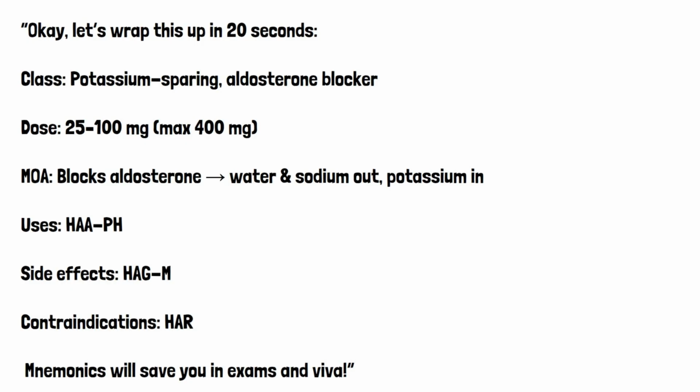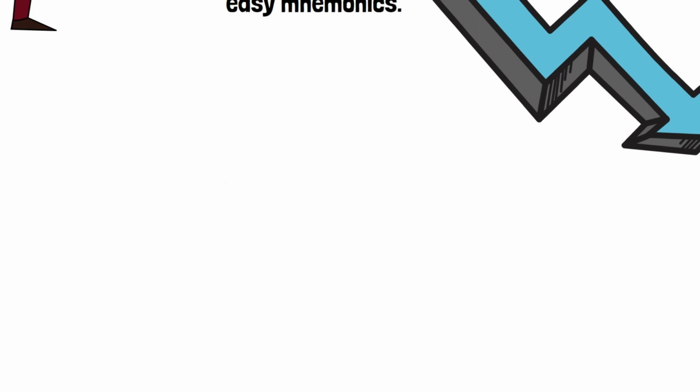Side effects: HAG-M, hyperkalemia, amenorrhea and menstrual problems, gynecomastia, male impotence. Contraindications: HAR, hyperkalemia, Addison's disease, renal failure. If you can remember these mnemonics, you can recall spironolactone in exams easily.